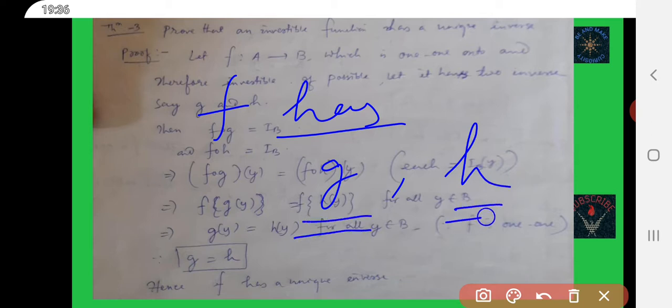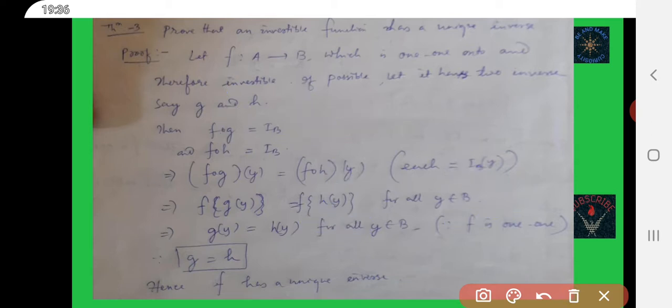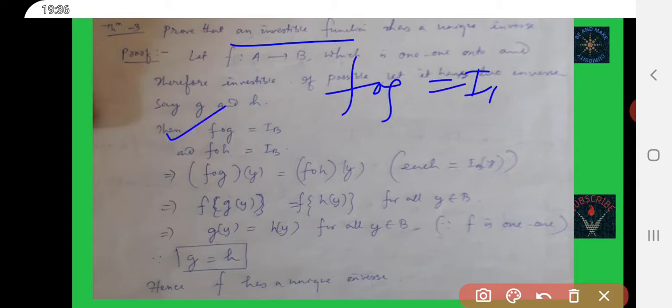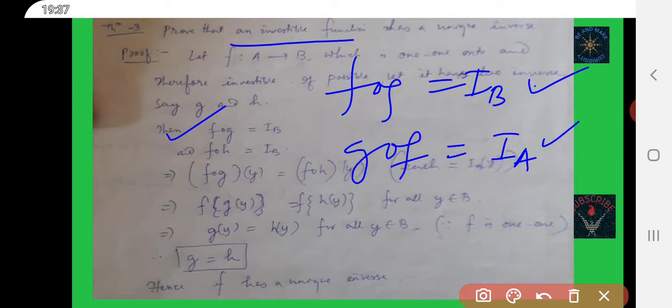As this function f is an invertible function, it must satisfy two conditions: fog is equal to IB, and gof is equal to IA. These two conditions must be satisfied.